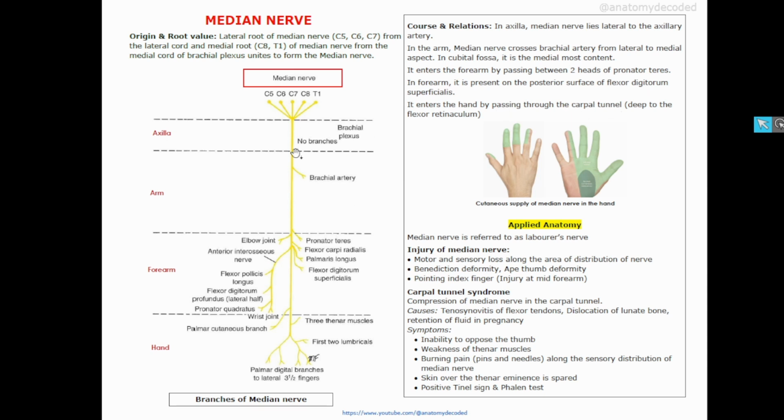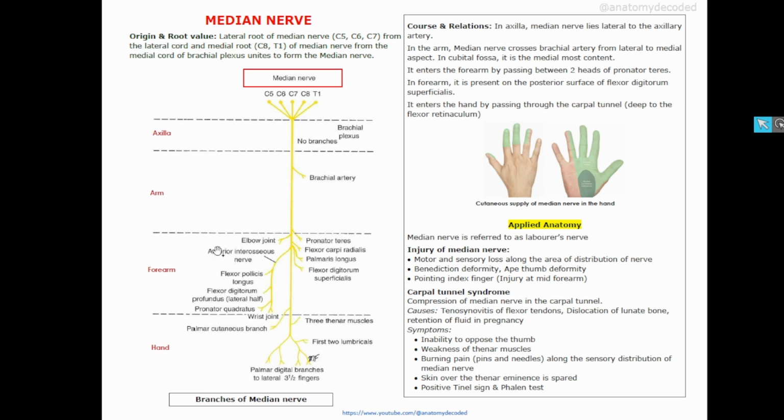Okay, then branches. In axilla, there are no branches. In the arm, there is branch to the brachial artery, branch to the pronator teres, branch to the elbow joint. Okay, then in the forearm, maximum branches are there. Four superficial muscles are supplied by median nerve, and in deep muscles, all three are supplied by median nerve except the medial half of flexor digitorum profundus, that is supplied by ulnar nerve.